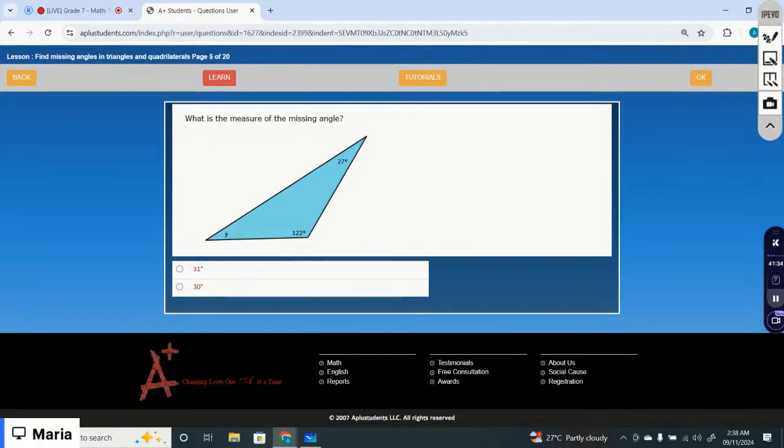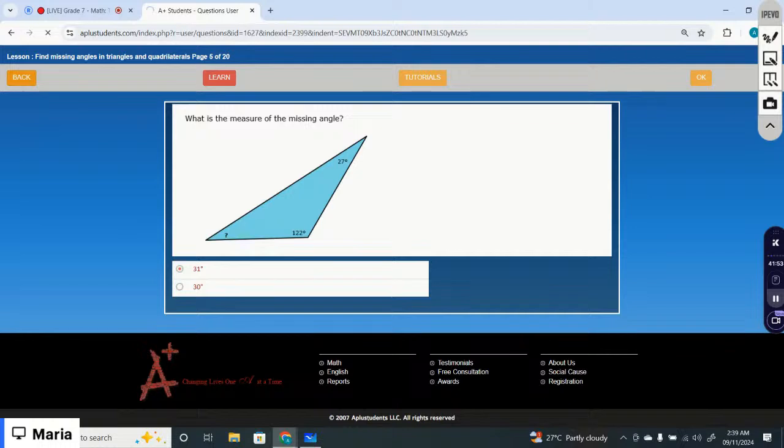So just add them and subtract them out of 180. So 122 plus 27, 149, and subtract from 180. That is 31 degrees. Option number one is the correct option. Okay, you can complete the lesson by yourself later today.